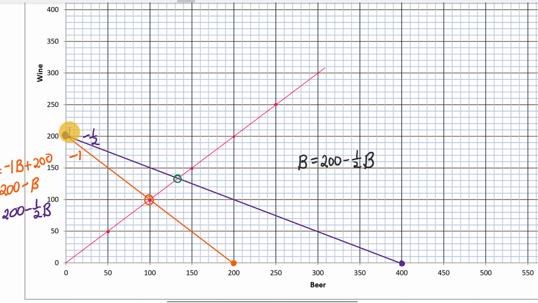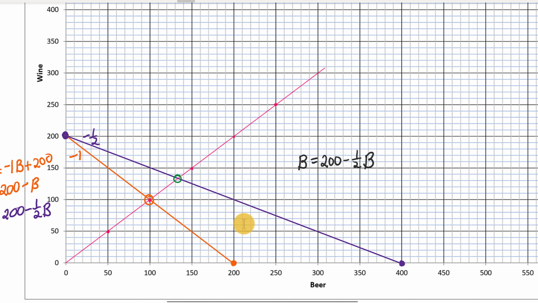It turns out that any price that represents a slope in between -1 for France and -0.5 for the United States, and again, this is the price per barrel of beer, that any price between 1 barrel of wine for 1 barrel of beer and 1/2 barrel of wine for 1 barrel of beer, any price in between those two is going to work.